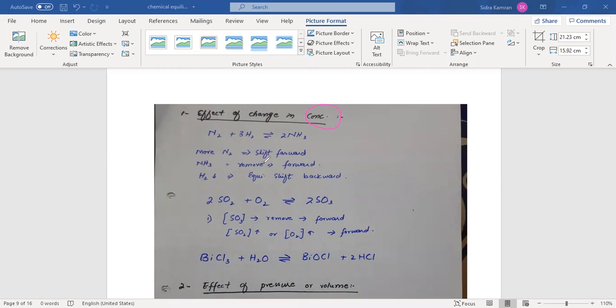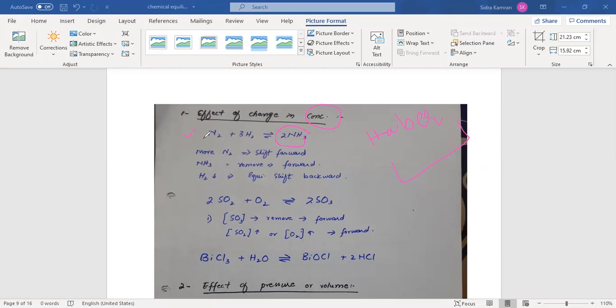Here you can see this equilibrium reaction: the formation of ammonia. This is the industrial process known as the Haber process. We are forming ammonia.